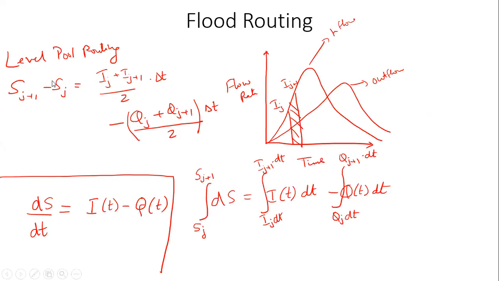So Sj is known. Sj plus 1, is it known? It's not known, right? So Sj plus 1 is not known. Sj is known. Ij and Ij plus 1, both of them are known, right? Because it's the incoming hydrograph. Both of them are known. Qj, is it known?